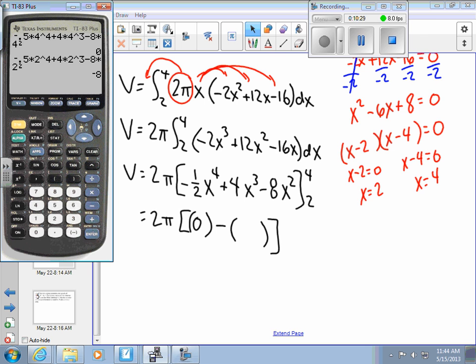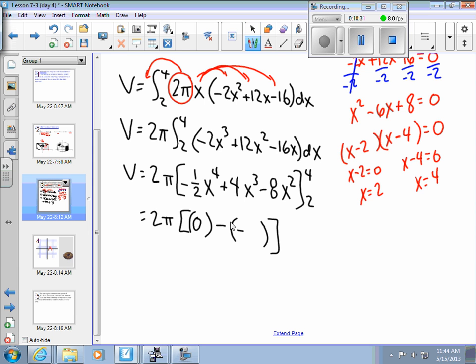And that comes out to be negative 8. We got 0 minus negative 8, that would be positive 8. And multiplying together, the answer, or the volume, is going to be 16 times pi. So the volume here would be 16 times pi.